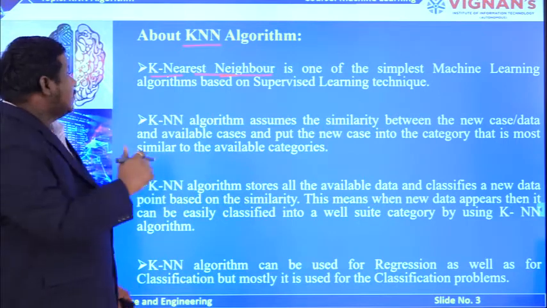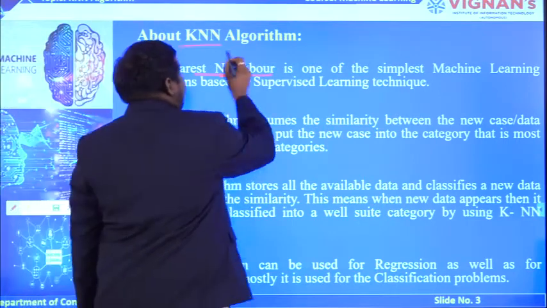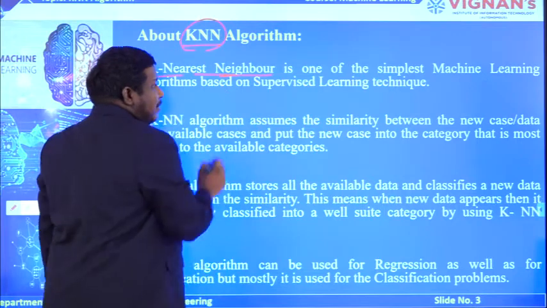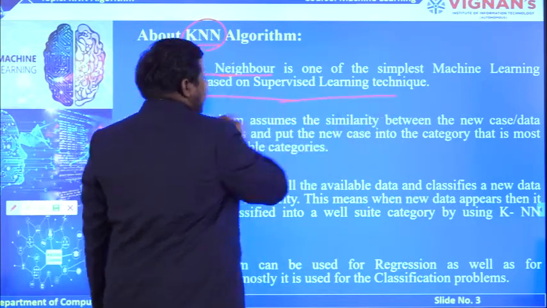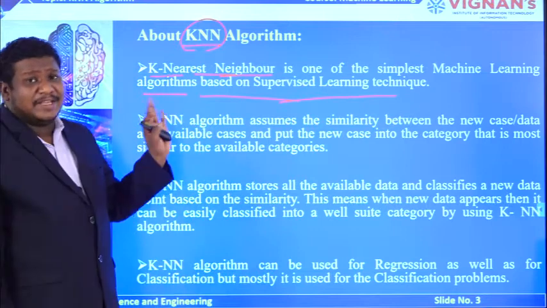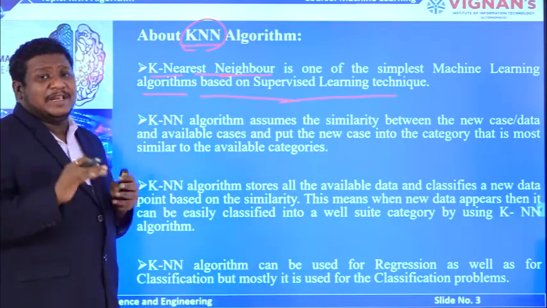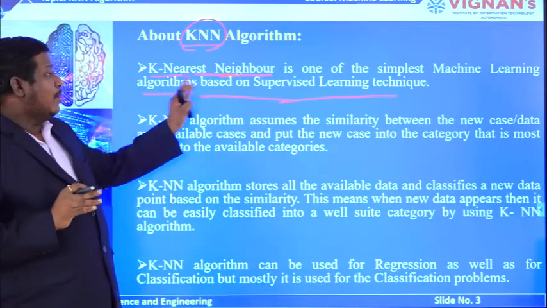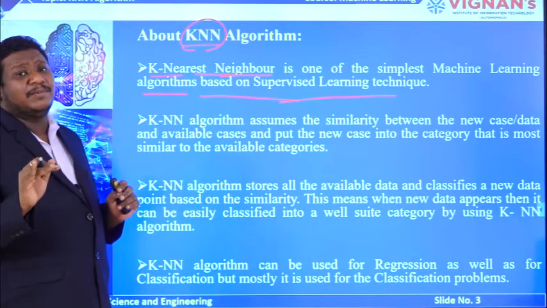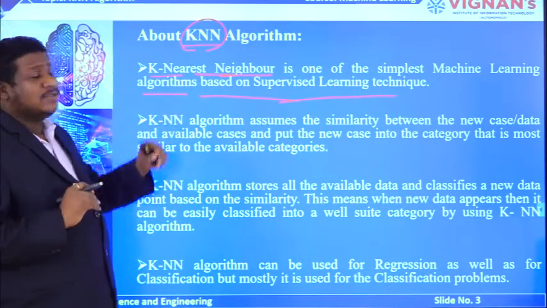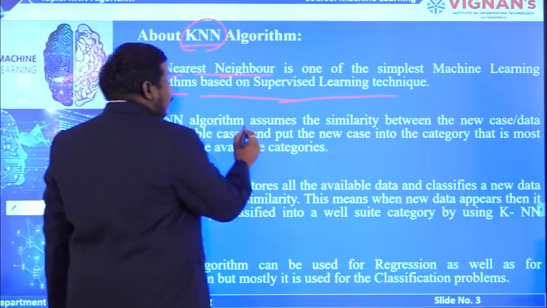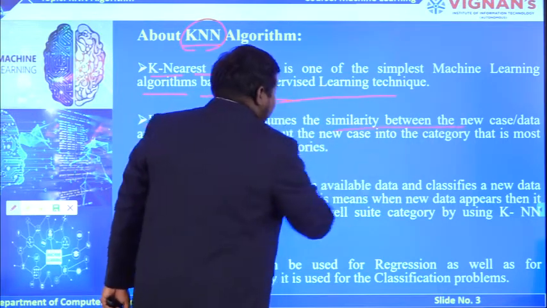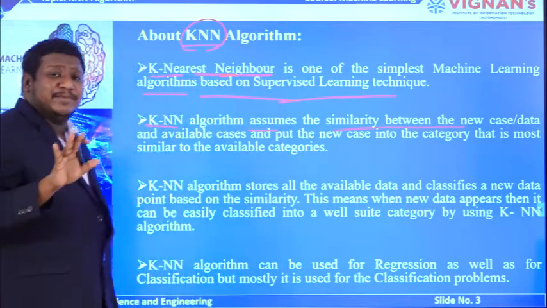So first see this. K nearest neighbor, KNN, is one of the simplest machine learning algorithms based on the supervised learning technique. I told you basically this KNN comes under the supervised learning algorithms. So how is this KNN algorithm going to work?